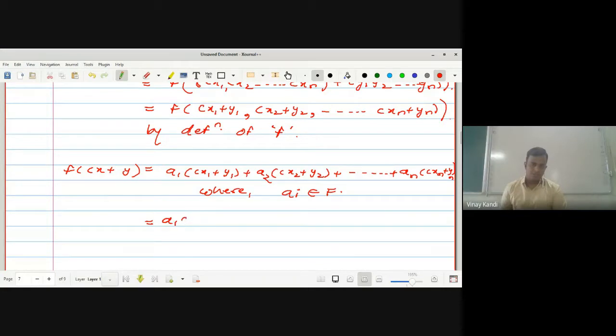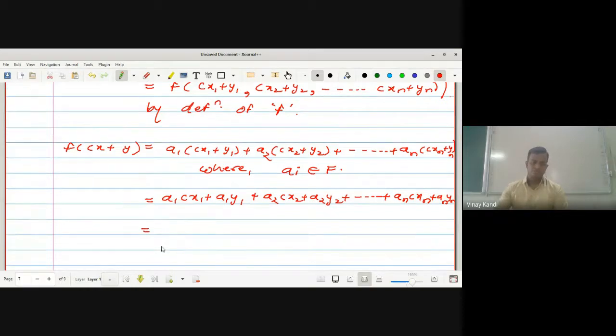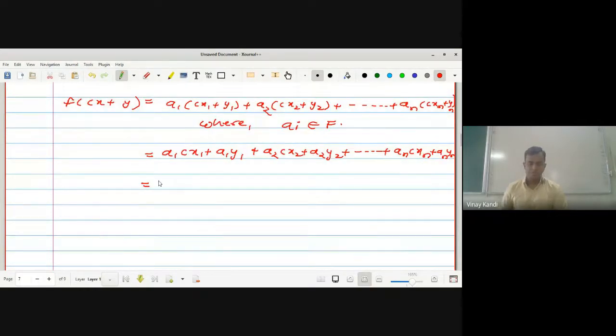This is equal to a1 c x1 plus a1 y1 plus a2 c x2 plus a2 y2, and so on up to an c xn plus an yn, which is equal to, now take c common: c times (a1 x1 plus a2 x2 plus up to so on an xn), where a1, a2, an are multiplied by x1, x2, xn.